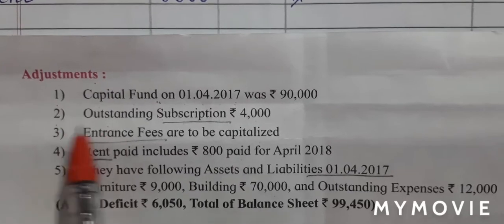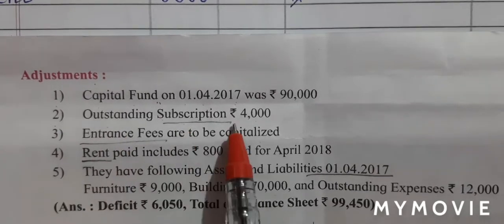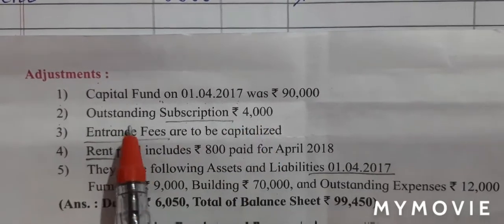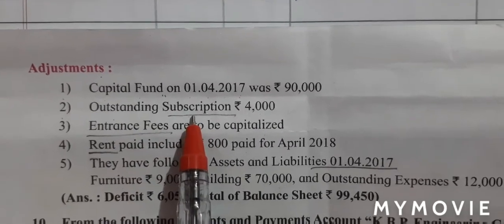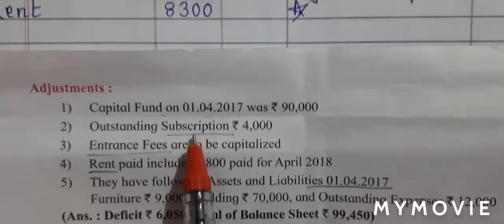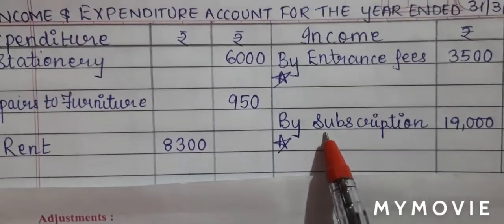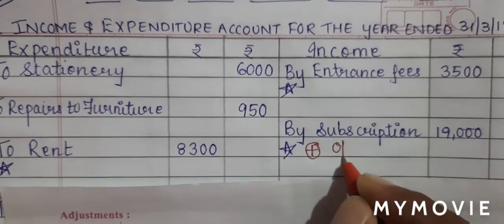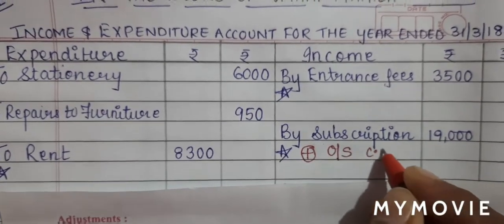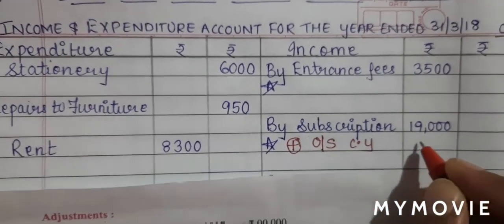Adjustment number 2, outstanding subscription rupees 4,000. It's an outstanding income. So my first effect will be in my subscription. On subscription, outstanding means add. So add outstanding for my current year. It's a subscription for current year.